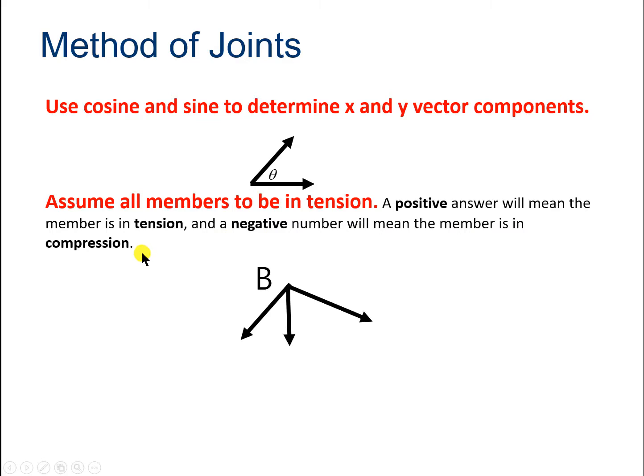That's how we'll determine compression versus tension. So you should convince yourself that if the arrows point away from a joint and you get a positive number, that means that the piece of steel that is placed there is in tension. Think about that for a while.